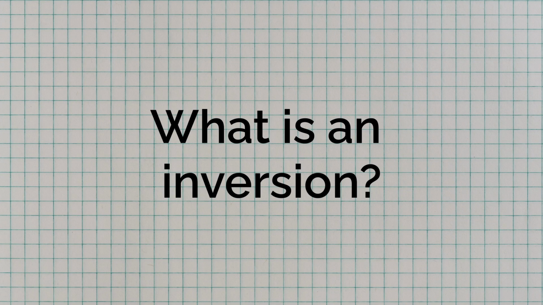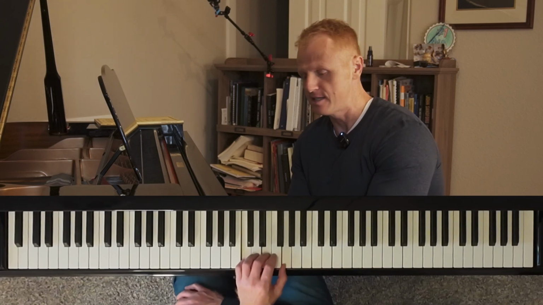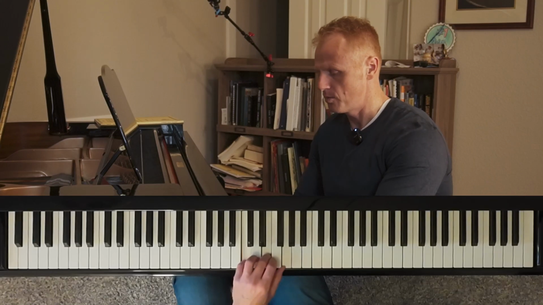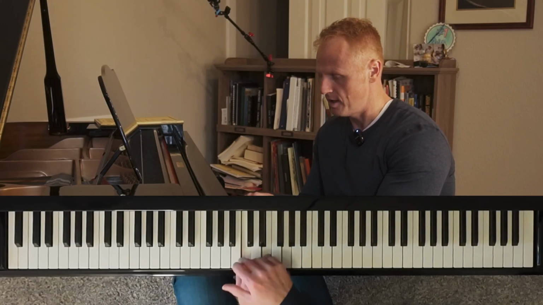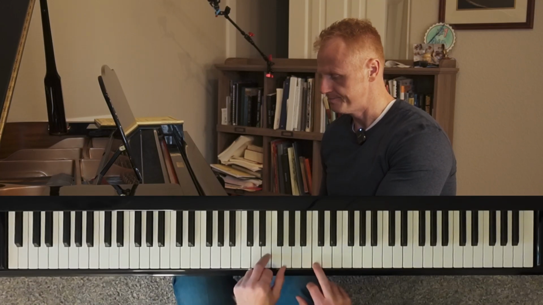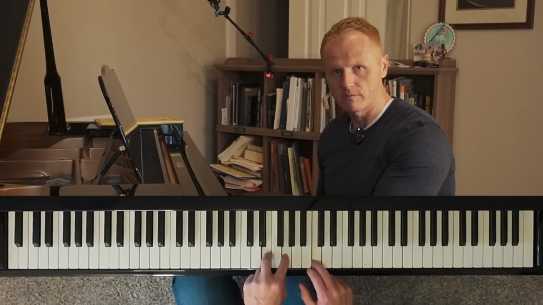So what is an inversion? Sometimes you want to take your chord and put it in a different order, or maybe you don't want a C in the root of it. One way that I teach this is I just say, take your bottom note, your C of the chord, and let's put it on top. That will create an inversion. That will be the first inversion, actually.